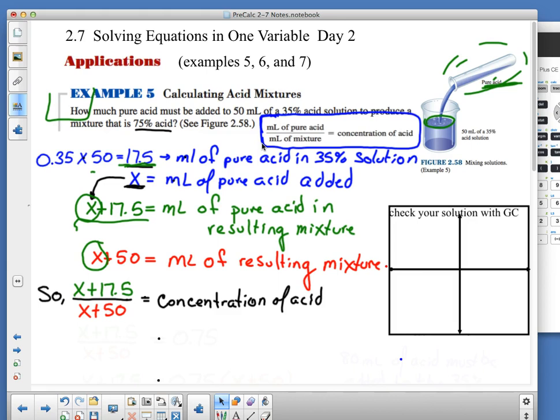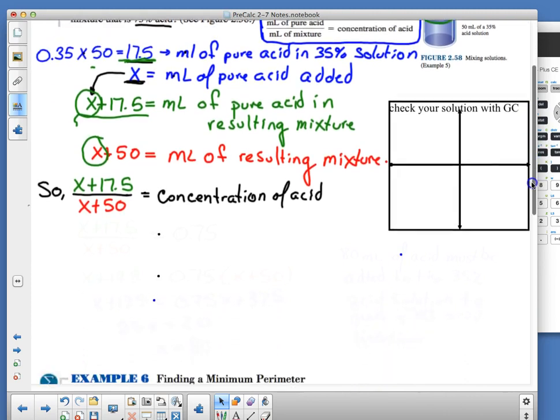Now, I have a relationship with this. I know that when I divide the acid amount of volume by the total volume of my mixture, I will have a percent of acid, or concentration. And that is why I'm looking at 0.75, because I'm supposed to increase it to 75%. So it's my acid out of the total, okay?